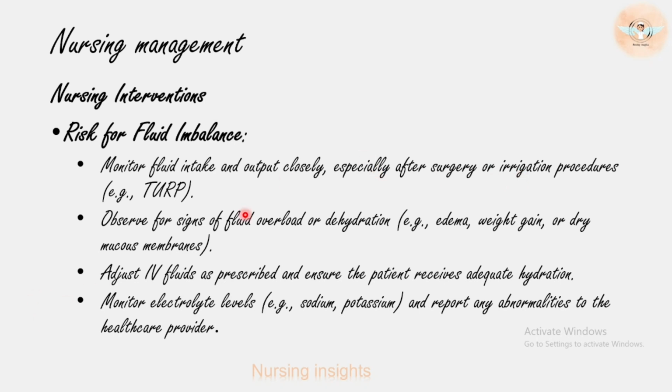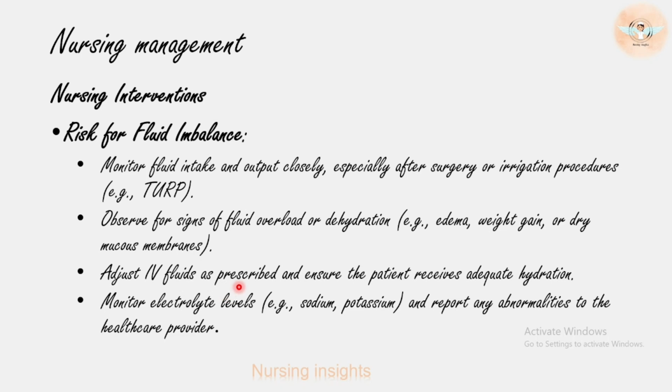We know that the TURP procedure requires urinary irrigation, so in that condition we have to closely watch intake and output, and observe for signs of fluid overload or dehydration, like edema, weight gain, and dry mucous membranes. So we have to observe for that.